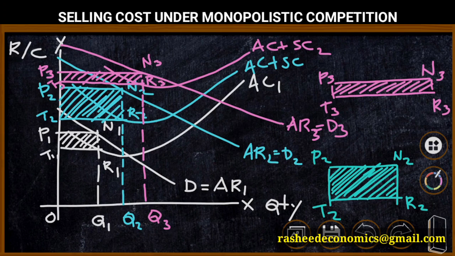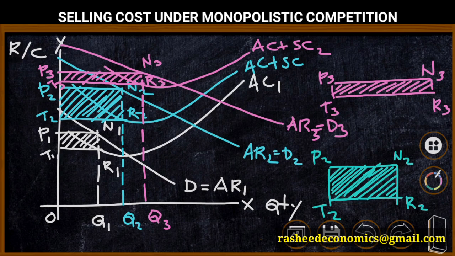As we compare these two areas, it is clear that abnormal profit is the highest when the firm has AC plus selling cost, that means at the initial stage of selling cost. Therefore, we can say that this is the optimum level of selling cost. When more money is spent for selling a commodity, the abnormal profit level of the firm decreases.